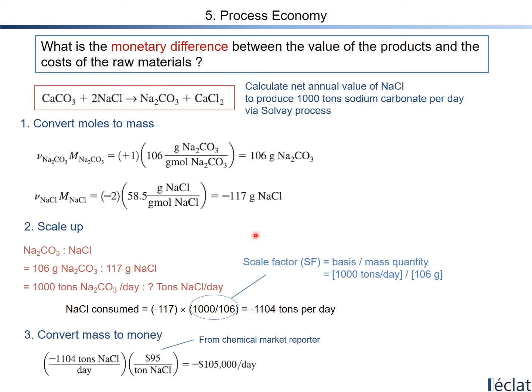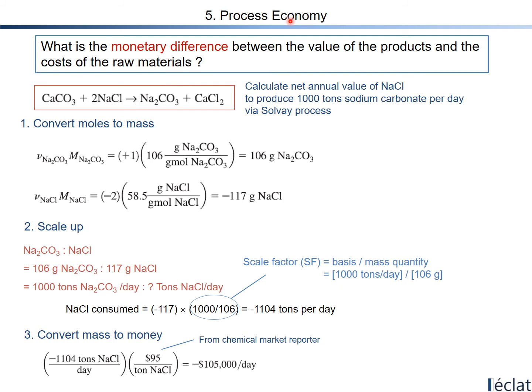We are still on the subchapter 5, atom economy, but right now I'd like to change the topic from atom economy to process economy as the second measure for the chemical processes in this chapter. So process economy is closely related to the money.